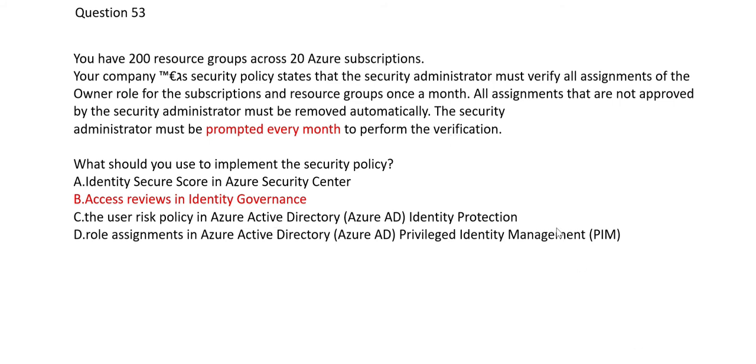Now an example of access review is why companies use it in real life. Suppose 100 employees joined this month in a company, say a company like Infosys or Wipro.